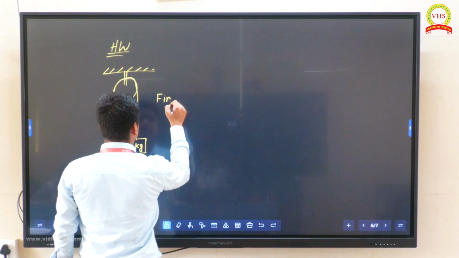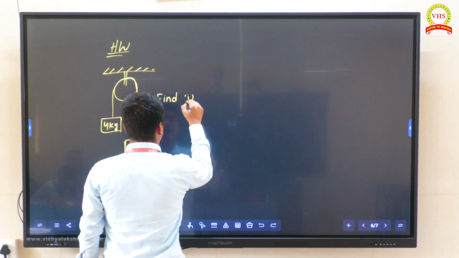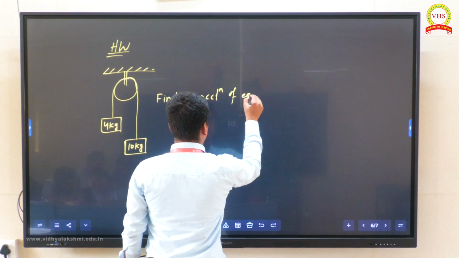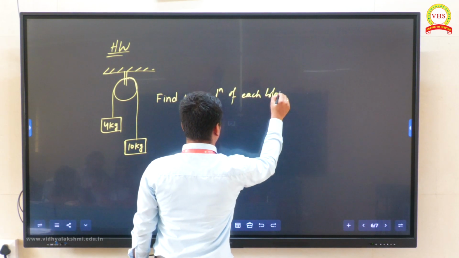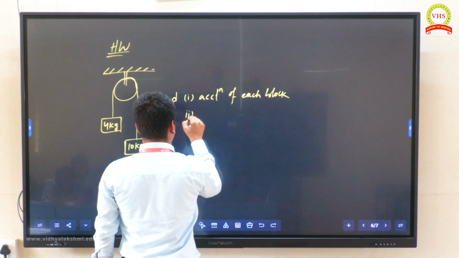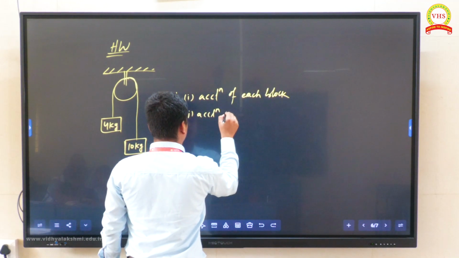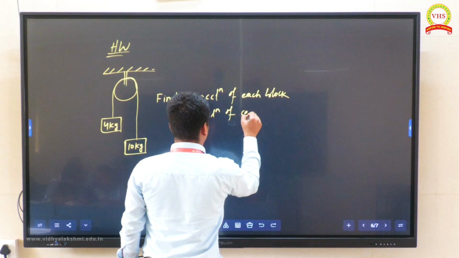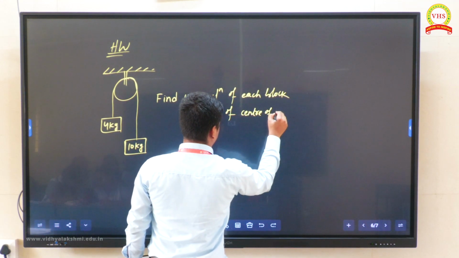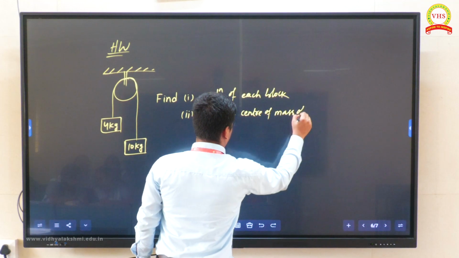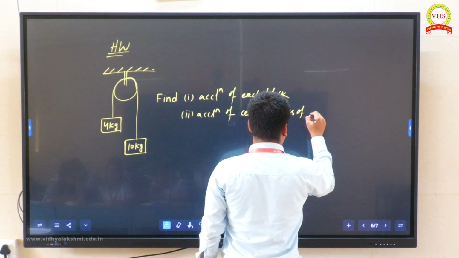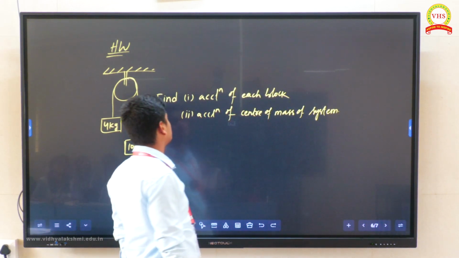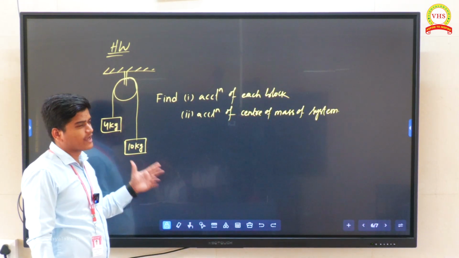Now same thing I'll ask: find the acceleration of each block, and find the acceleration of center of mass of the system. So this system you take and try to find.